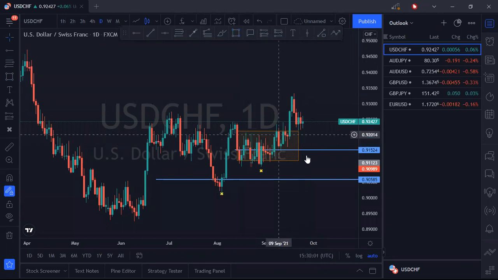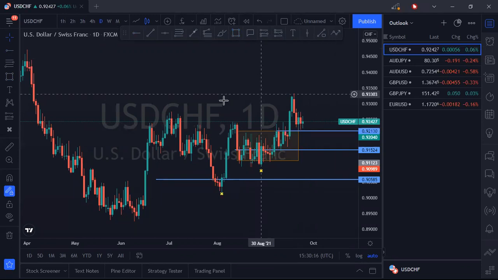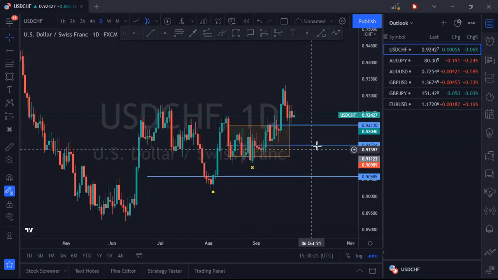So now I'm not expecting price to get back into the consolidation area. At least if price gets back here, that will be fine. Or even if it gets into the consolidation area, I'll expect that it gets into the 50% of the consolidation area. So this is the 50% area.